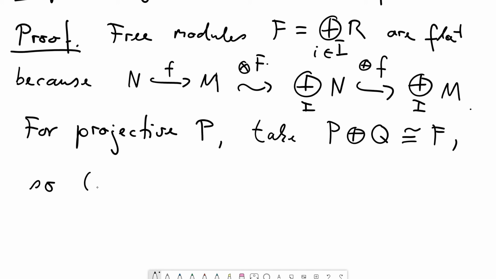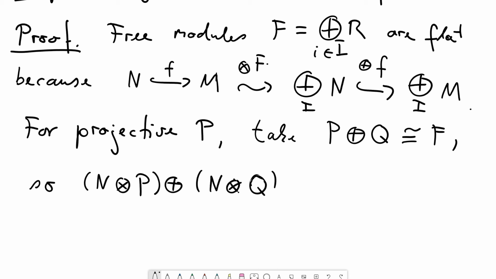And what I get out of this is the following. So I get N tensor P plus N tensor Q. So this is yet another property of the tensor product, this distributivity property. If I take the tensor product with this direct sum, then it's the same thing as if I take the tensor product separately, and afterwards I form the direct sum.